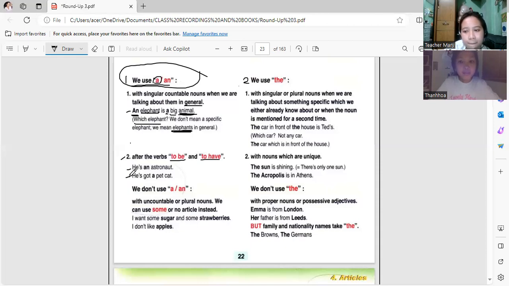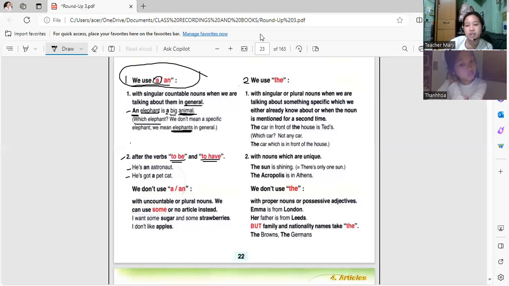He's got a pet cat. Okay, so he is an astronaut means he's going to be an astronaut. So it's still going to exist. And for the next example, he's got a pet cat. So he got it, or he already has it. That's the meaning of to have. And for to be, he is an astronaut.